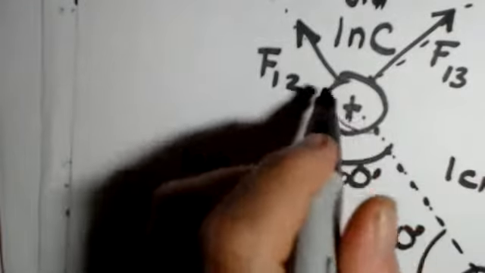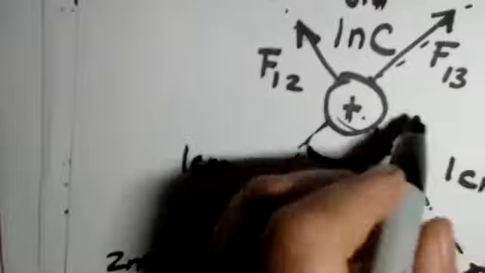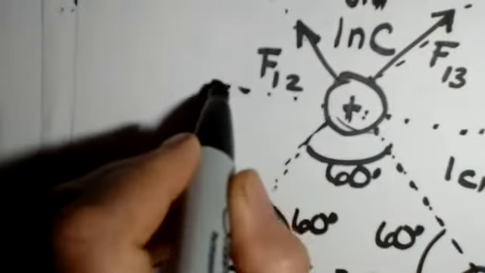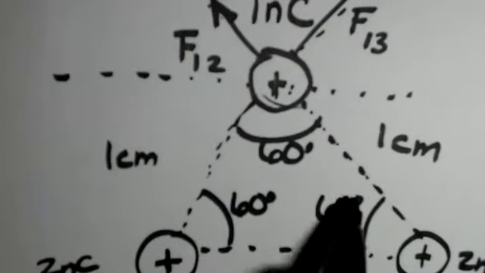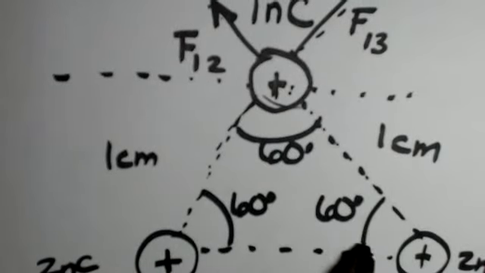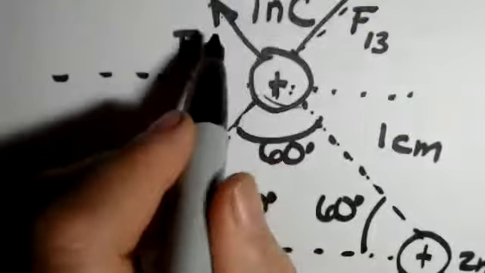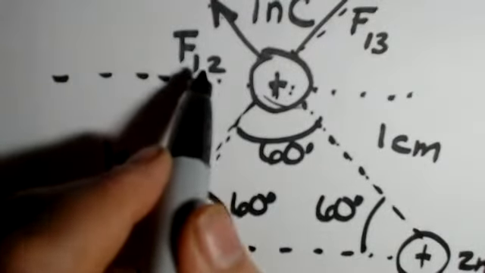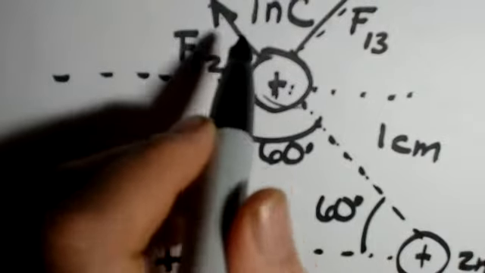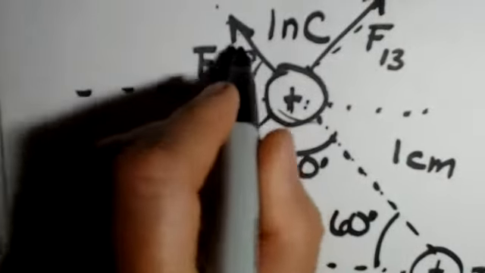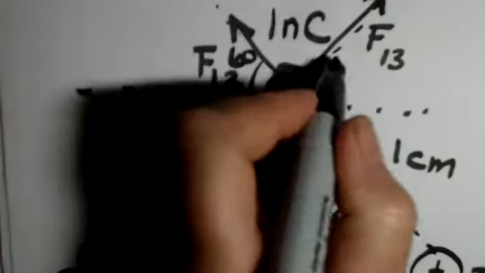Now, what I need to know are some angles. If I imagine the x-axis right here, and I look at my picture, if this angle right here is 60 degrees, then this angle right here is 60 degrees because those are the same. This is a horizontal line and this is that same line off that triangle. So I know that angle right there is 60 degrees. Same thing on this side.